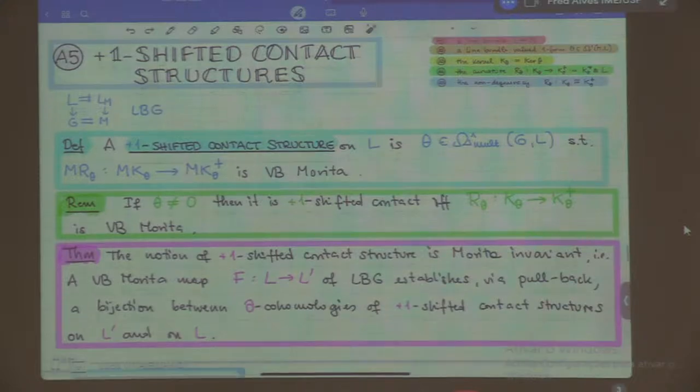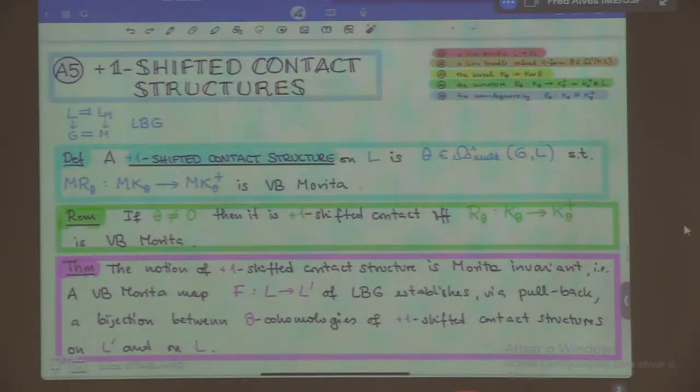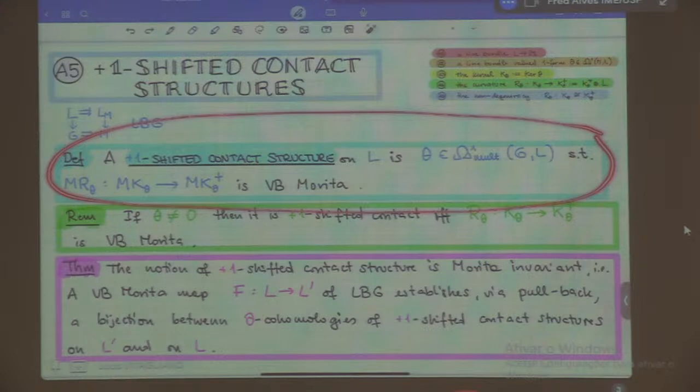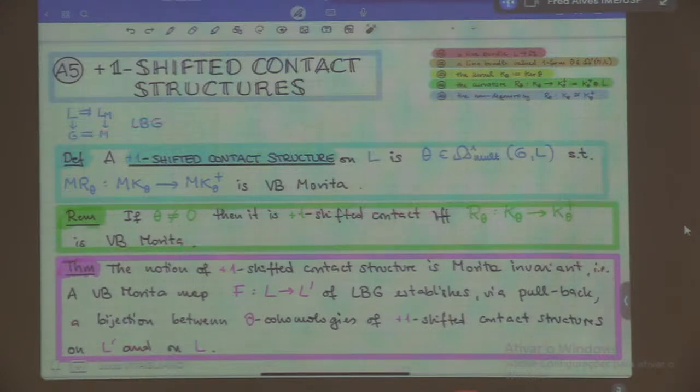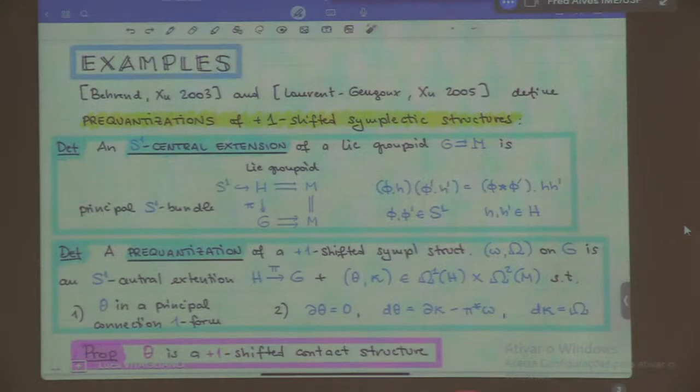Okay, so this is our definition. It's Morita invariant and everything works. It's the stacky analog of the definition of the contact structure in some respects, as I mentioned already. Now, to convince you, maybe I need interesting examples, right?